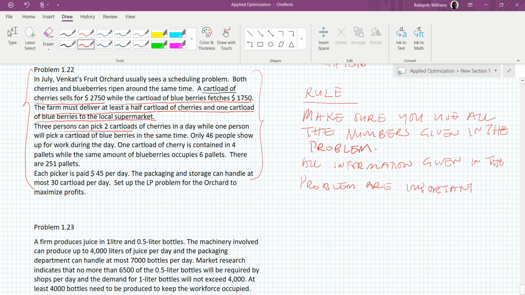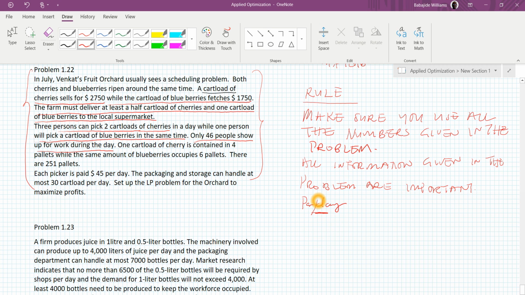Three persons can pick 2 cartloads of cherries in a day, while one person will pick a cartload of blueberries in the same day. That's interesting. So only 46 people show up for work during that day. So you notice that everything is per day. That's the basis of our units, per day.